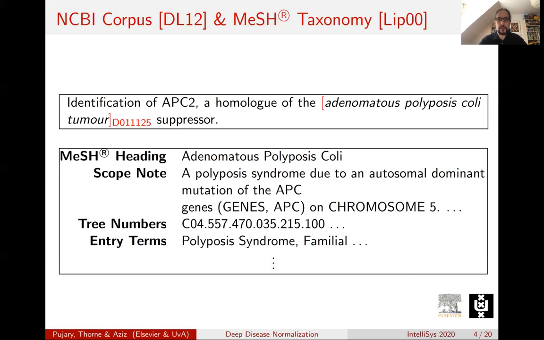There's some additional information as well.